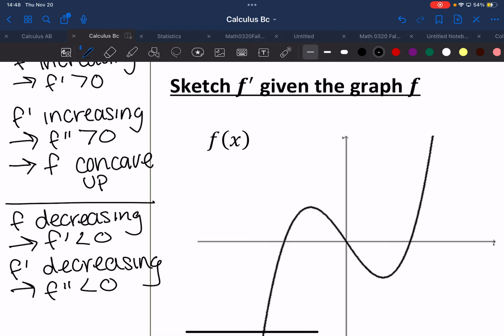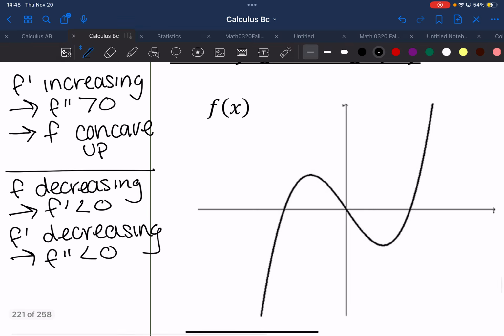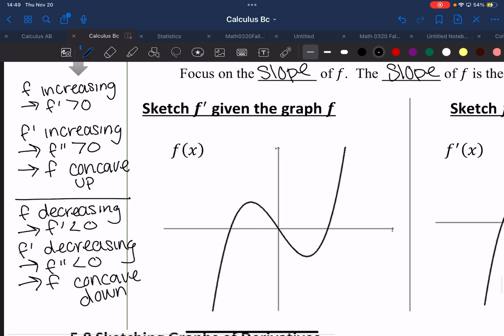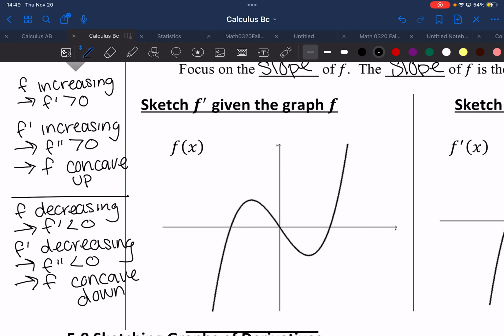And if the second derivative is less than 0, then what's the concavity of f? Down, right? Concave down. Having that off to the side helps us refer to it while we're drawing these graphs.